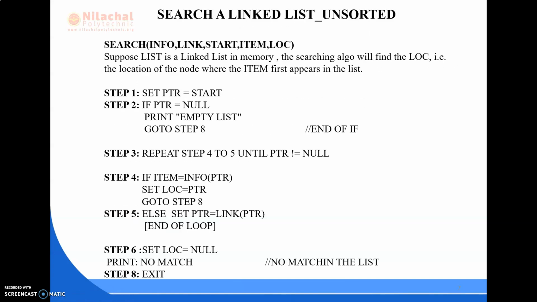In the next algorithm, it shows how to search an element in a linked list when it is in unsorted form. So for the search, we have the data part or info part, the link part, the start header part, the item which we are searching, and the location where we will be finding the item.